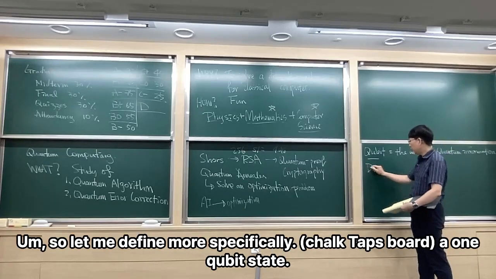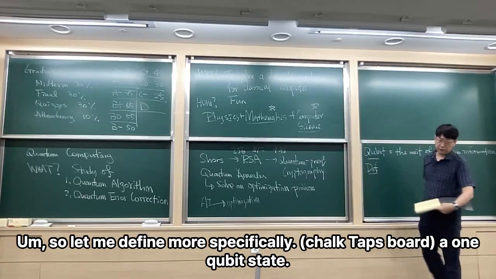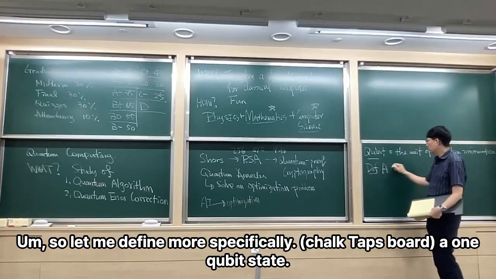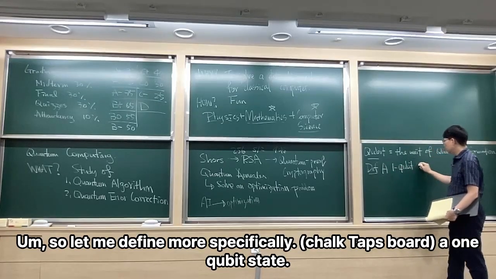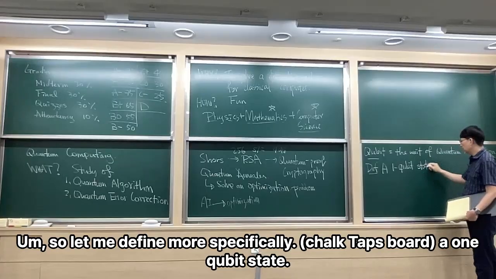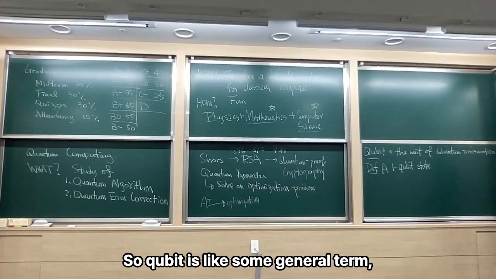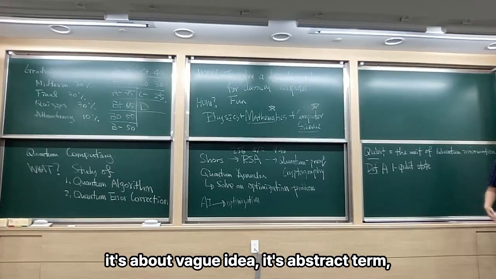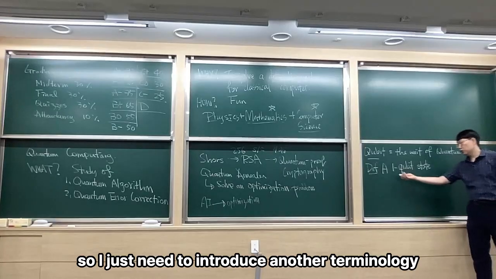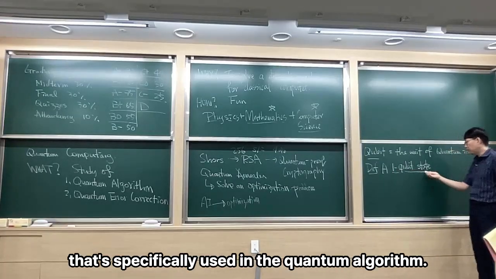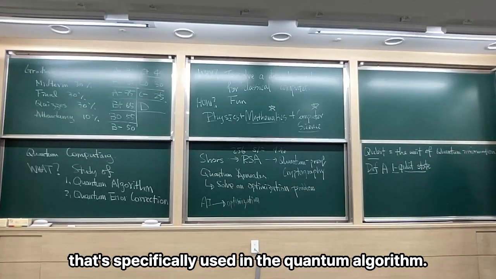Let me define it more specifically. Qubit is like some general term. It's about a vague idea. It's an abstract term. So I just need to introduce another terminology that's specifically used in quantum algorithms.